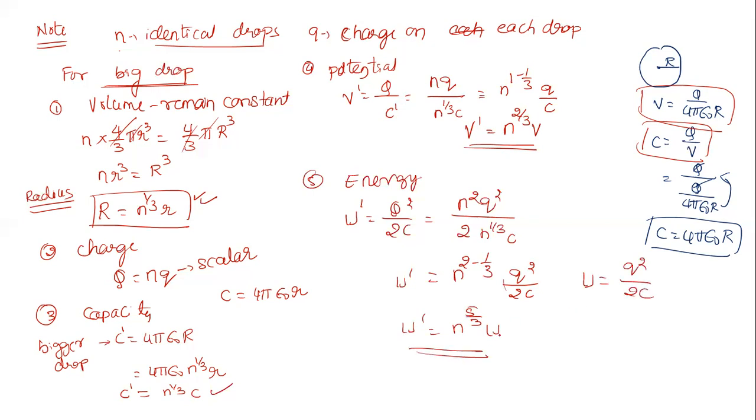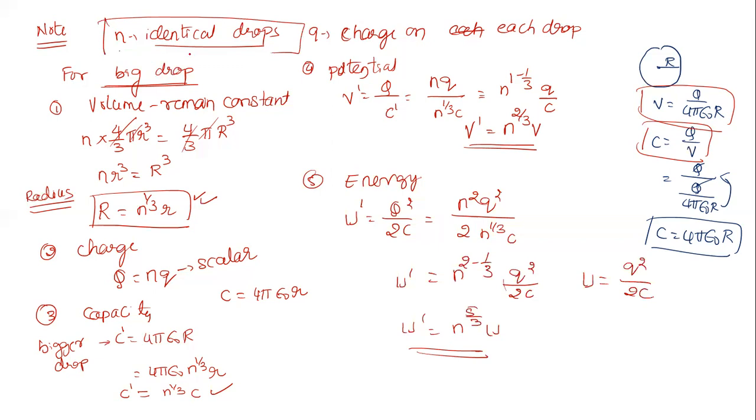So these are the things you need to know. That is enough. If you want, you can get many more things, even energy density and surface charge density. You can get them. So these are the various things that happen when we combine small drops into a bigger drop. I have taken n identical drops.